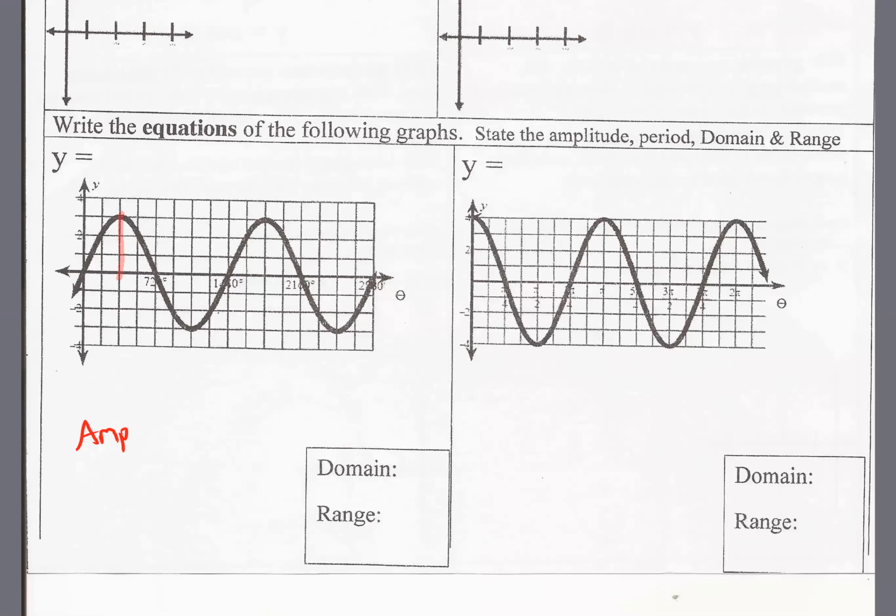Can someone tell me the amplitude here, the distance from the x-axis to the maximum point? It's 3. That's correct. And because it goes up to the max, A would also be 3.